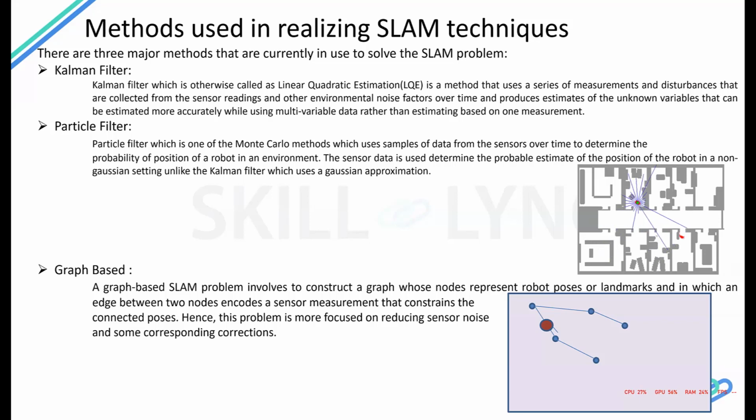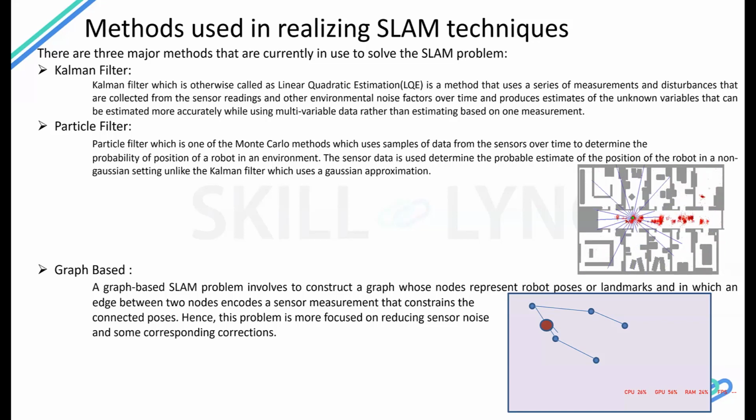Let me talk about these different functions in a very brief way, and then we'll talk about some more advanced functions in the next couple of slides. So, the Kalman filter. I'm going to give you a very brief introduction, so bear with me for a second.